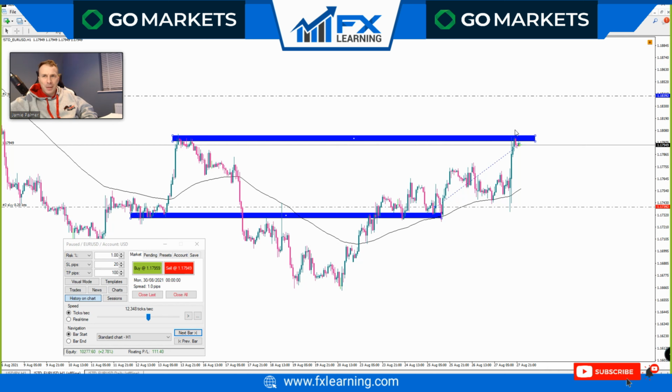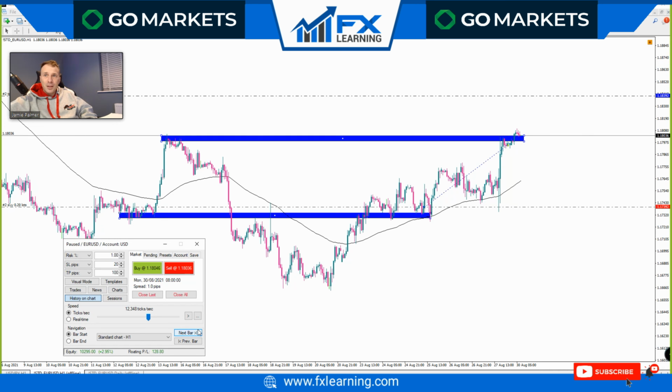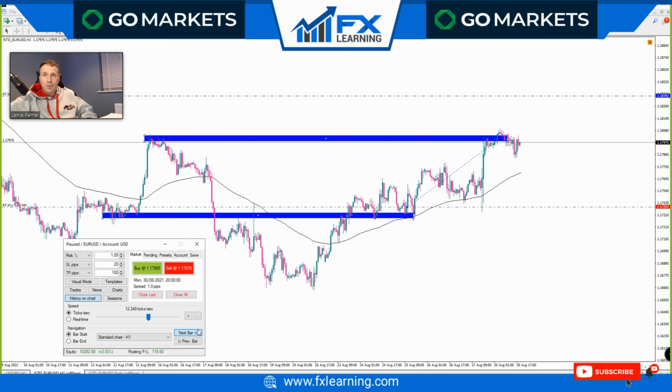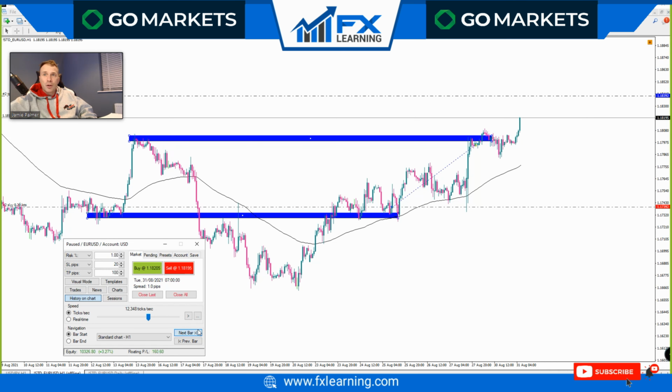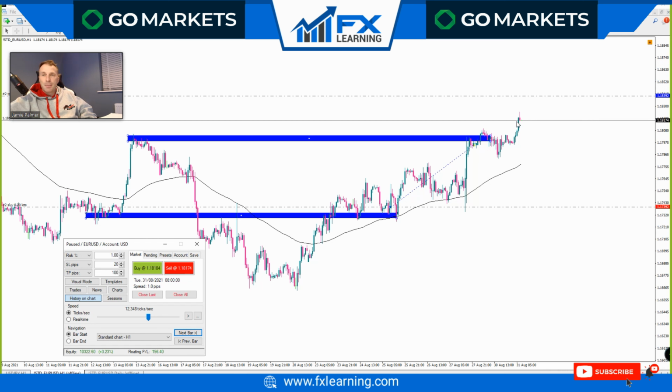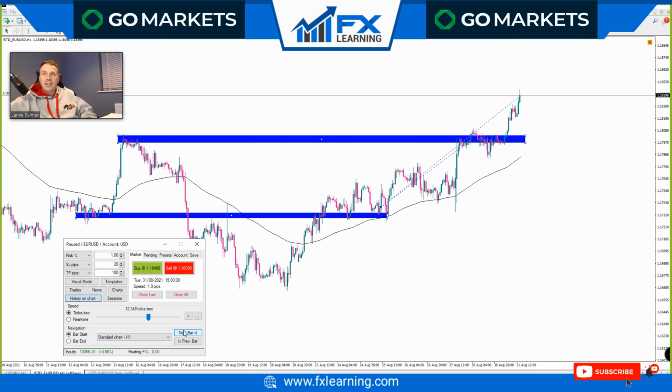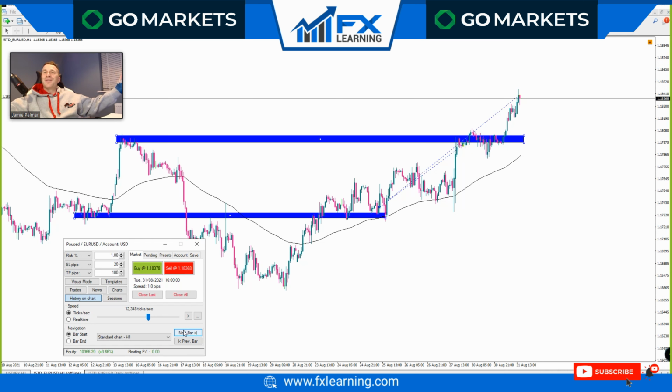But looking at price, it's in an uptrend. So which way is it likely to head? Up. We might get a pullback, and we do get a slight pullback, but do we break? Yes, we do break above it. Nice, so we continue higher. Perfect.